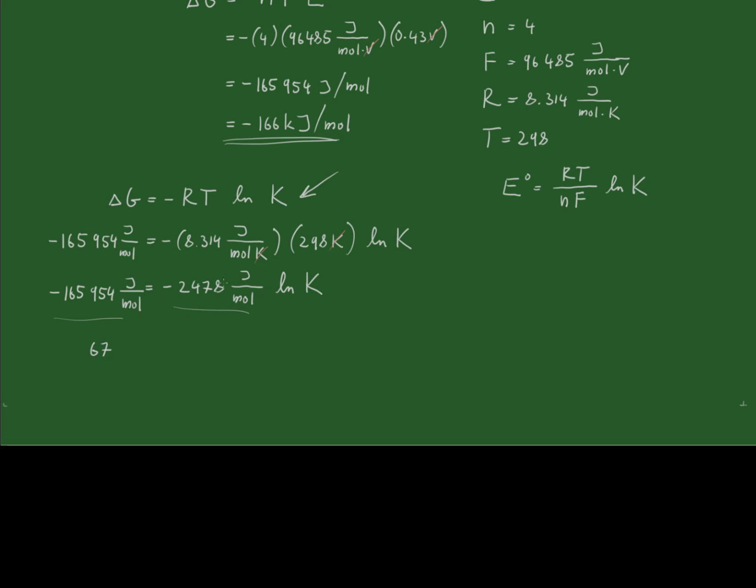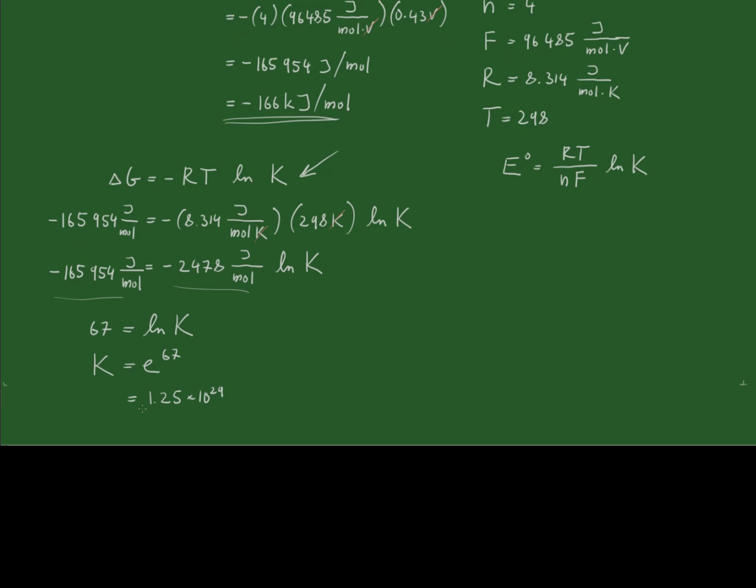The joules per mole will cancel, so I have a unitless number, 67 equals ln K. K equals e to the power of 67. And if I use that in my trusty calculator, I get 1.25 times 10 to the 29th. So now we have found the second unknown.